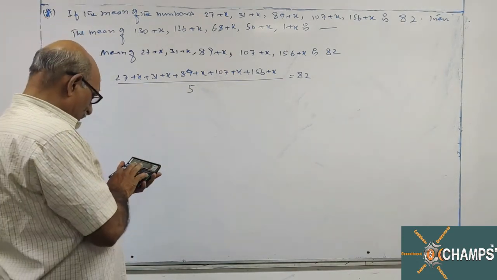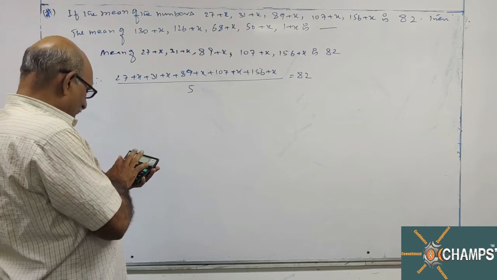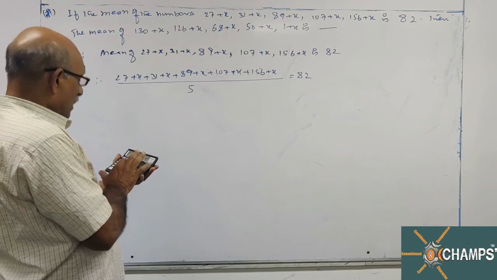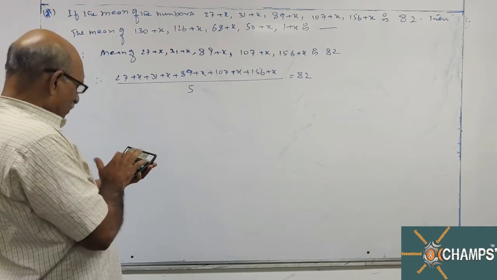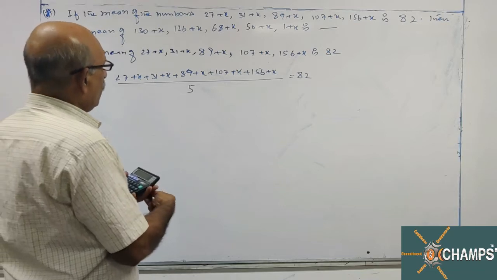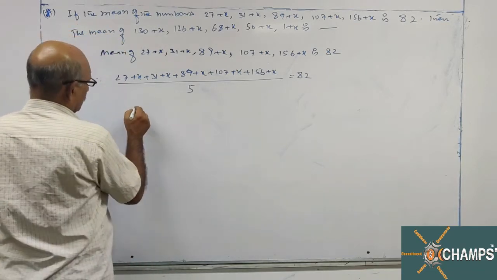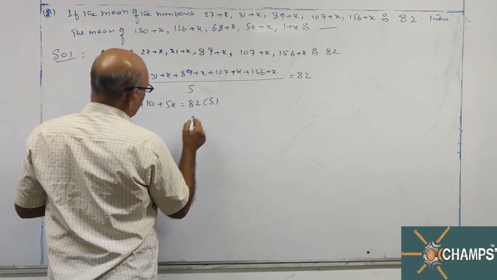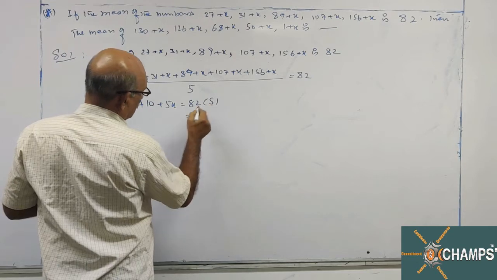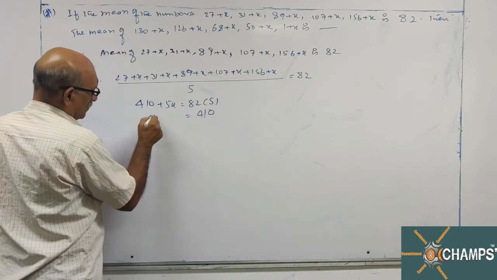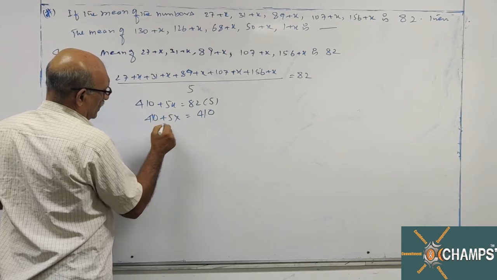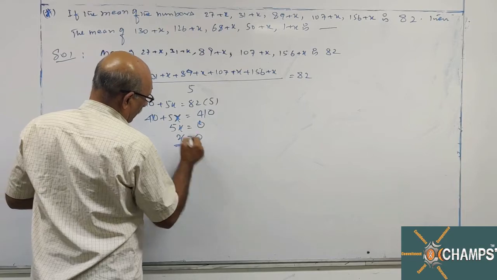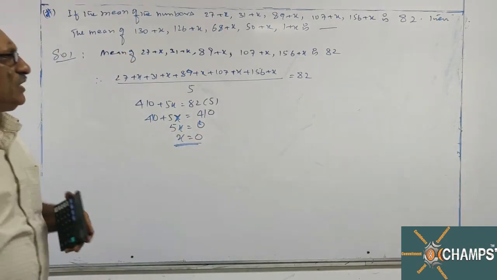Now this is 27 plus 31, 89, 107, 156, which is 410, plus 5x is equal to 82 into 5, which is 410. So 5x is equal to 0, x is equal to 0. X value is obtained as 0.